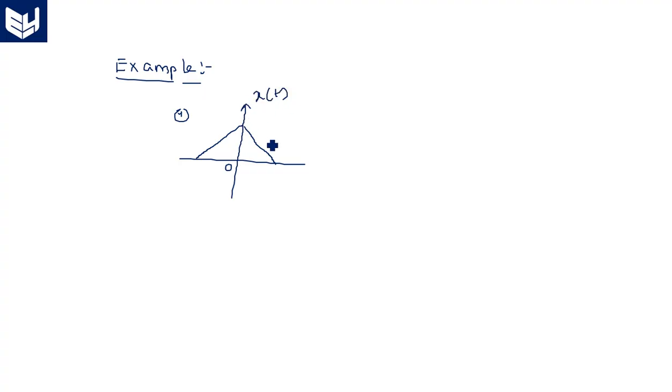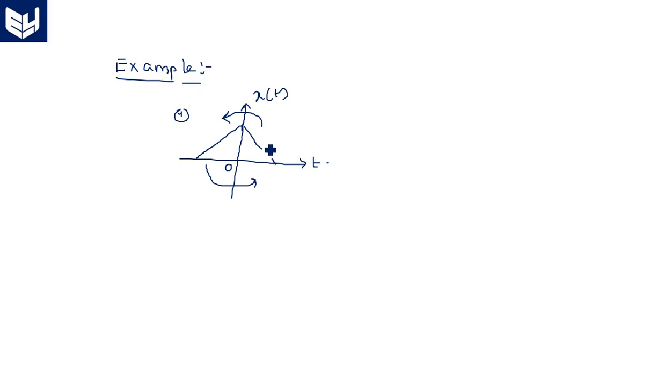So let us take an example of the even signal so that you can understand. I am taking one example, a signal that has a shape like this. This is 0, this is x of t, and this is t. When you fold this signal vertically, this part will be here and this part should be here.